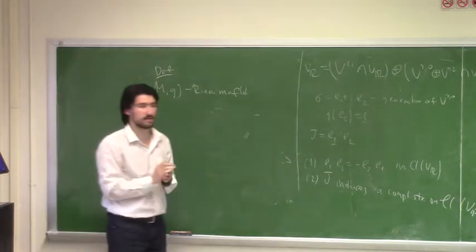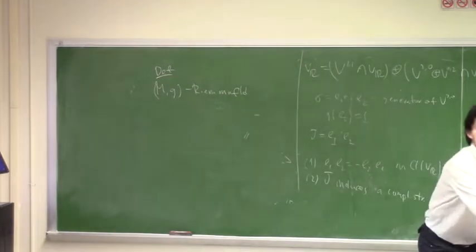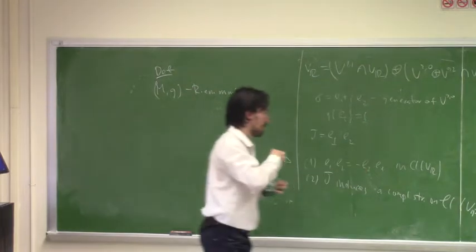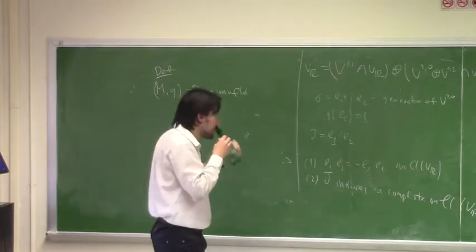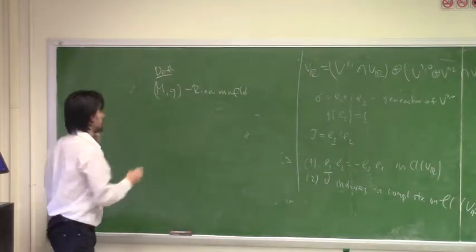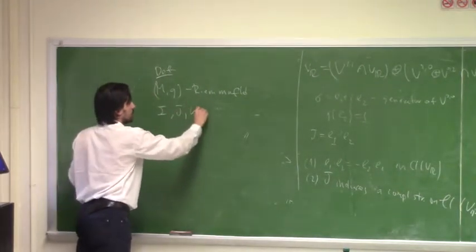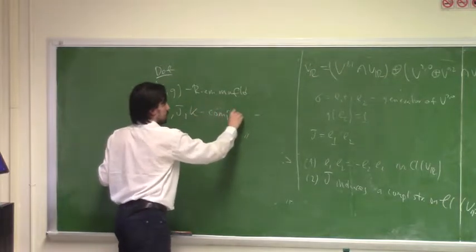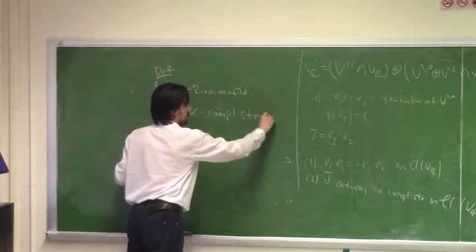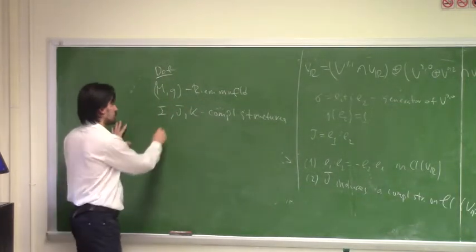Non-degenerate, yeah. We need it on that particular vector, right? But it could be degenerate on other vectors. Yeah. That's right. So we have, with a Riemannian manifold, three complex structures I, J, and K satisfying the quaternion relations.